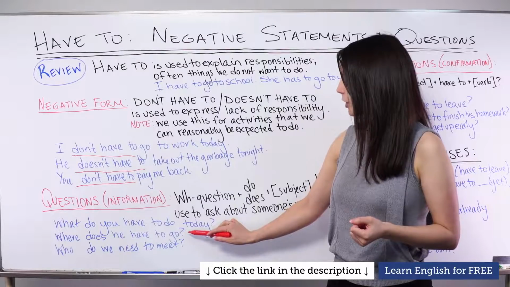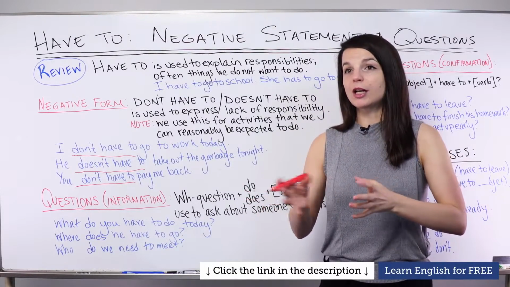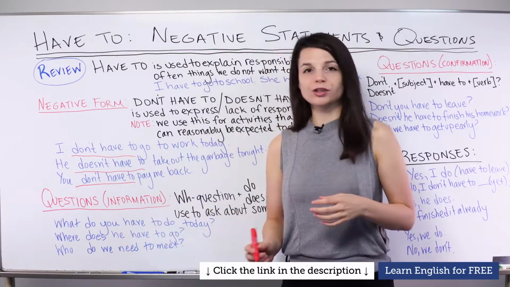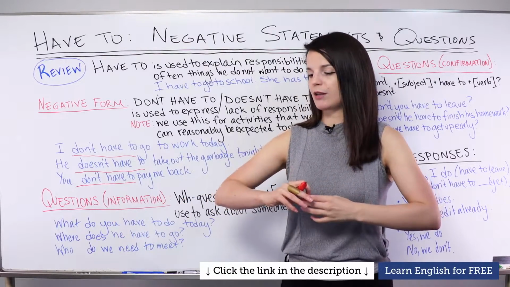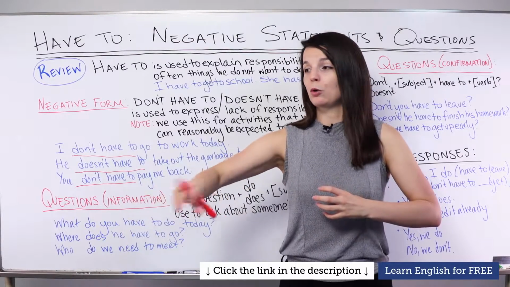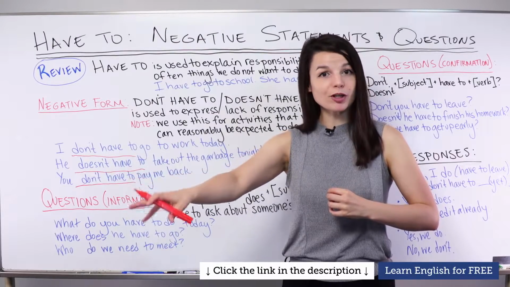Let's look at the next example. Where does he have to go? Where does he have to go is a question about a location. So in this case, you're asking the question for another person. Maybe there's a student in a school looking for a place or looking for some kind of information, or looking for a person.